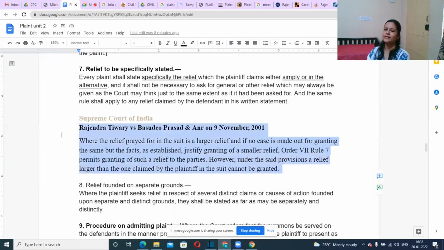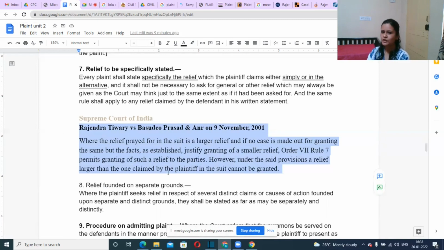As in, maybe a party has said that for this certain reason, I want compensation of 5 lakhs rupees. And while deciding the case, court felt that this matter is not of that severity, that 5 lakhs rupees compensation would be provided. So court came to the conclusion that we can provide 3 lakhs rupees compensation.